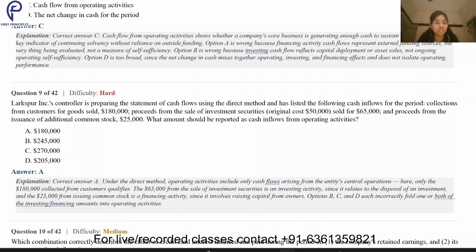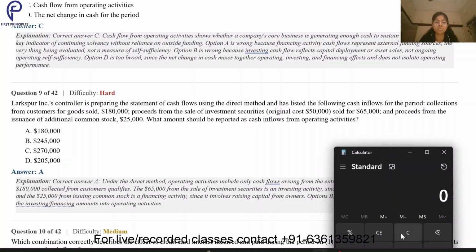Larkspur Incorporation's controller is preparing the statement of cash flow using the direct method and has listed the following cash inflows for the period. Collections from customers for goods sold. Collections from customers for goods sold is given as 1,80,000. Okay. Then proceeds from sale of investment securities. Does proceeds from sale of investment securities qualify as an operating activity?